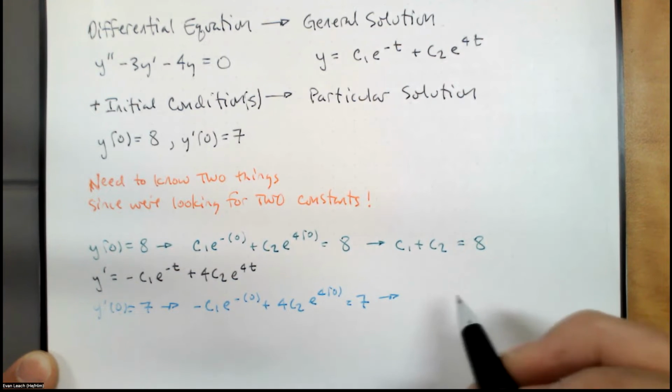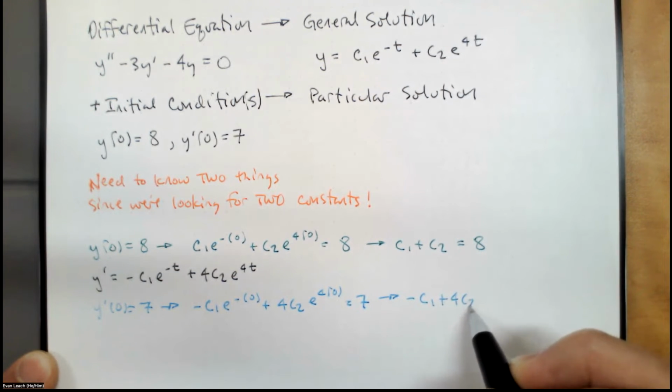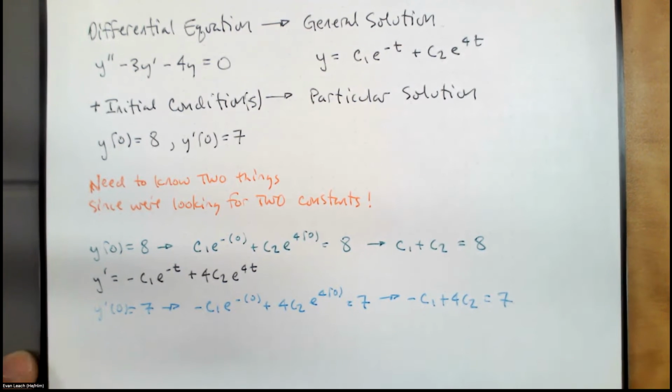So now we have another equation, minus C1 plus 4C2 is equal to 7. Now we have two equations and two unknowns. We can come down to one particular solution.